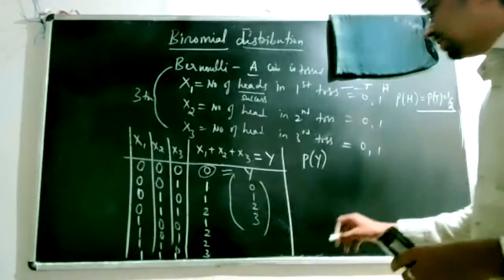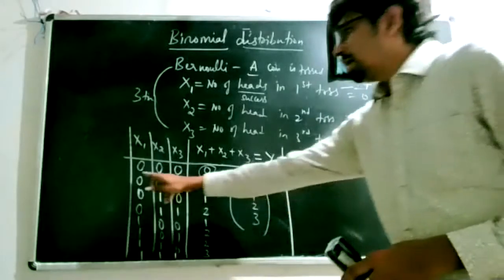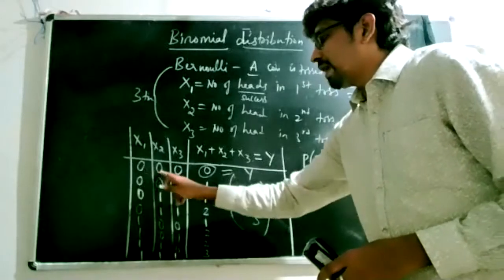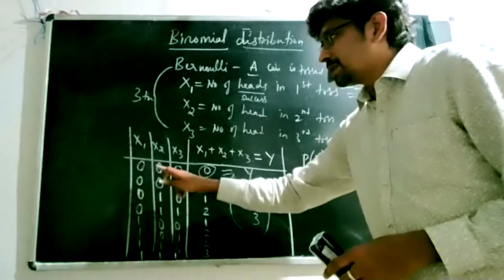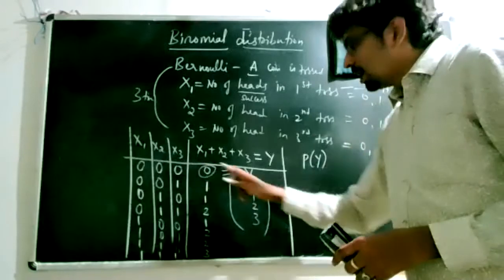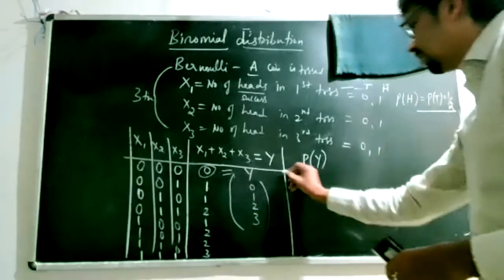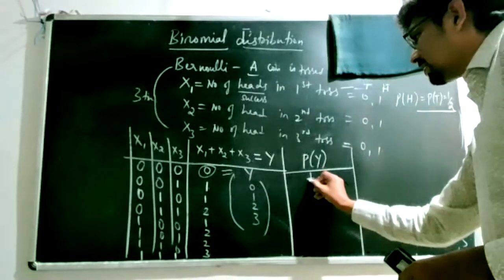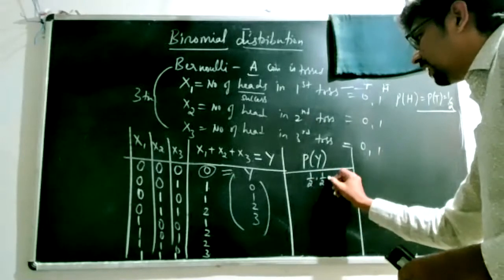When we are looking into the total probability, and talking about events happening together, only if this happens along with this and along with this will y be 0, and that probability is taken to be half into half into half.